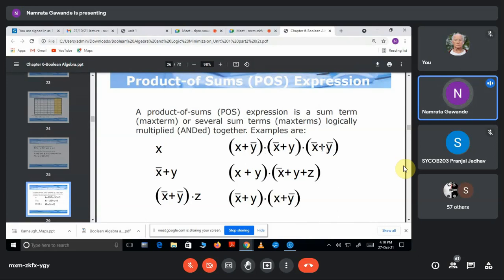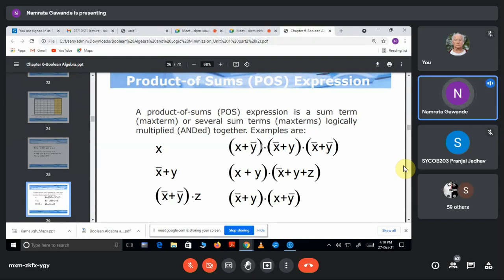So there are 3 terms, and those are multiplied, right? The POS, product of sum, is always a group of sum terms ANDed together.